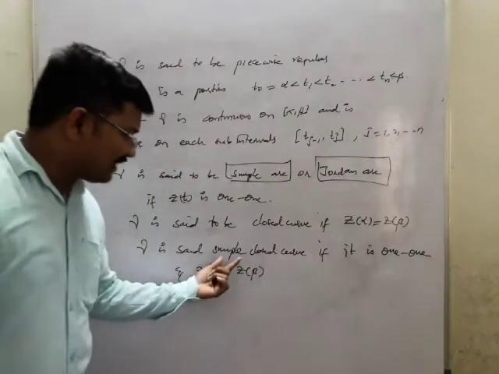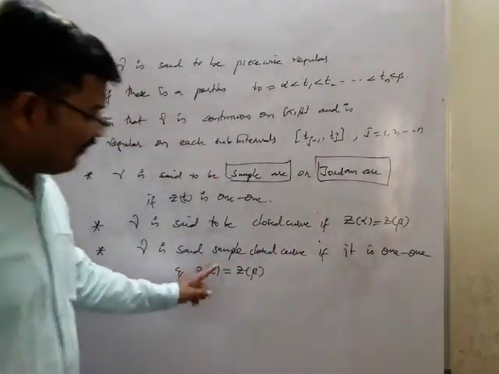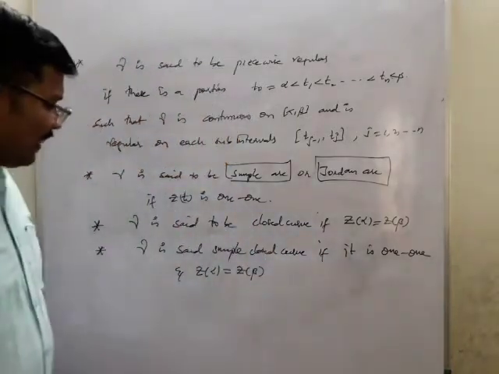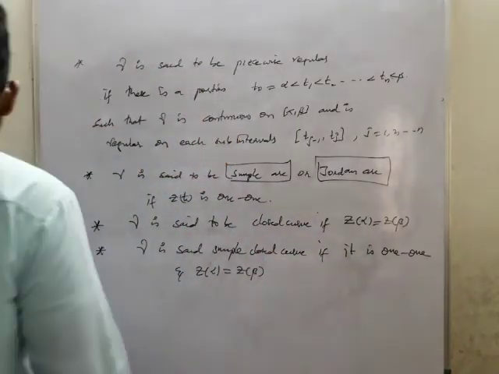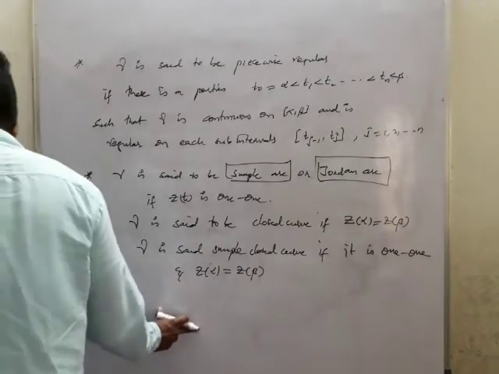If it is satisfied that it is 1-1 and z of alpha is equal to z of beta, then we can call it a simple closed curve.